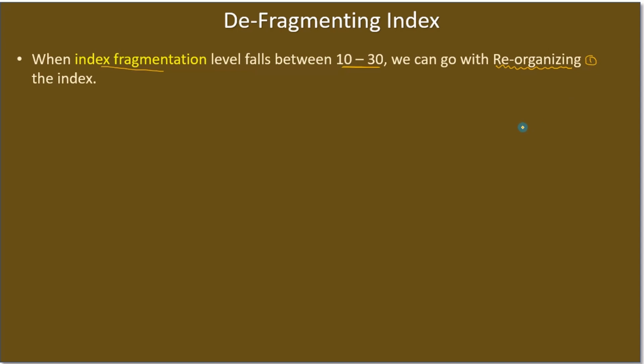So we know how to get the fragmentation percentage, and in the last video that's what we did by making use of a table valued function and sys.indexes. Once we know the list of indexes that get fragmented, in terms of percentage, and if we know that percentage is between 10 to 30%, then we can go with reorganizing.